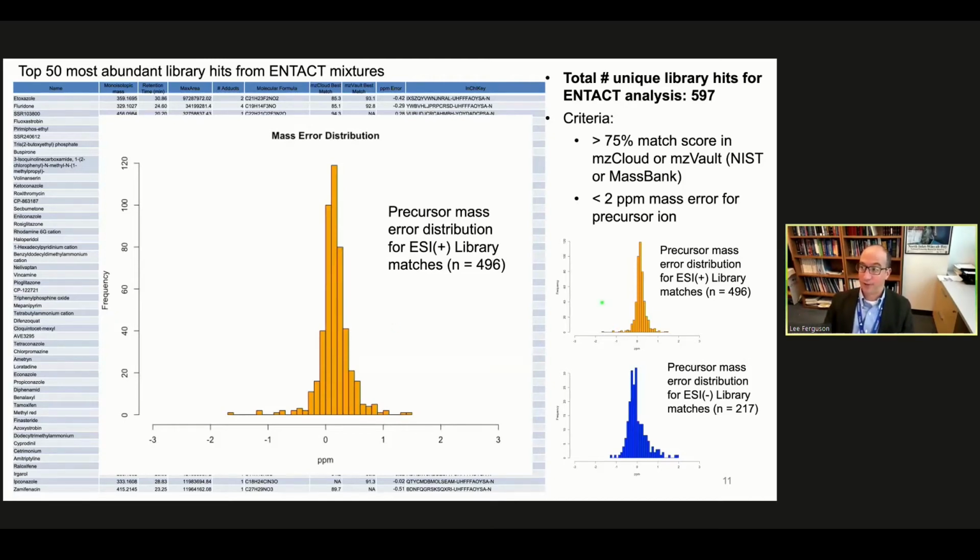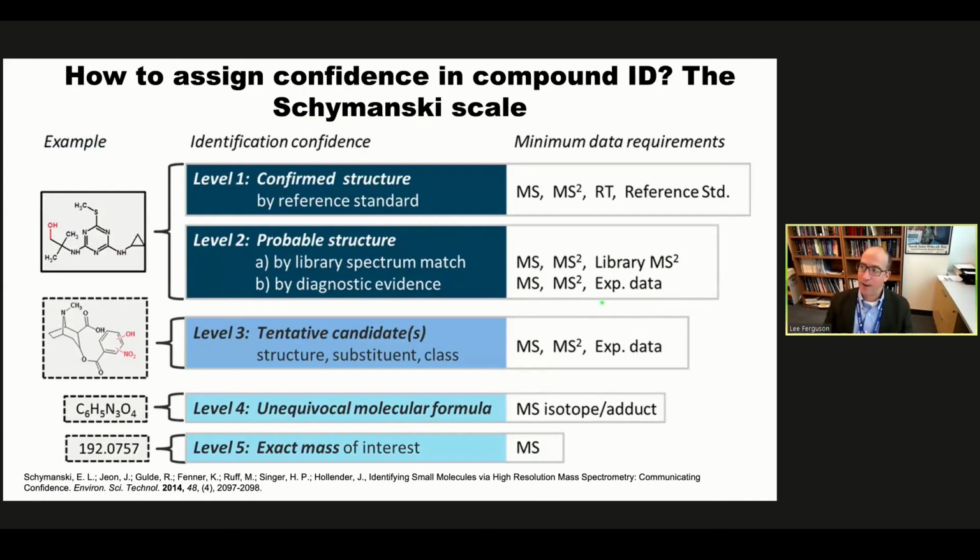So we're doing quite, I think, well for our library matches and our annotation based on library matches. But if we come back to this annotation confidence scale, we still have the question, what about all of the other components that might be present in these mixtures?